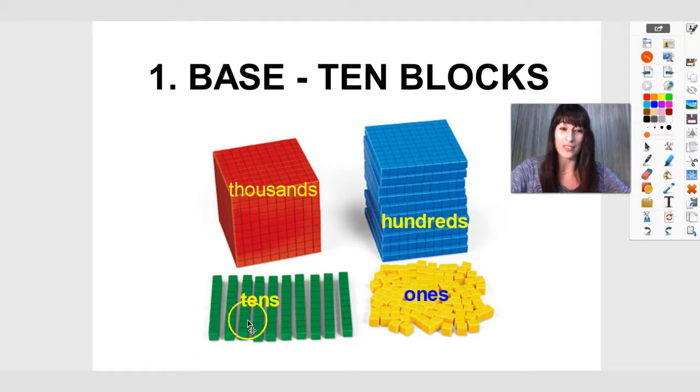And if you have these rods, they represent tens. And if you have 10 rods, then you have 100. That's correct. And then we use these little ones to represent ones. And if I have 10 of these, they will become 10. Very good.